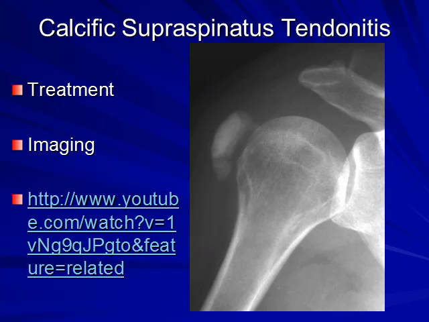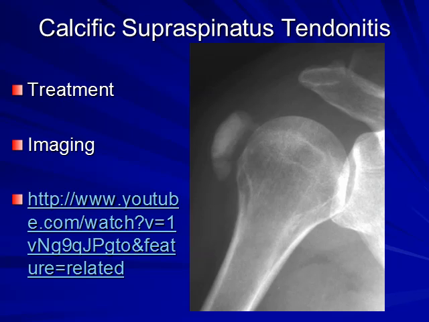Okay, so how do we treat this? Well, physicians treat it very differently from the way PTs would treat it. All right, so a medical physician would treat it once they catch it with oral non-steroid anti-inflammatories or NSAIDs. They can do local injections.